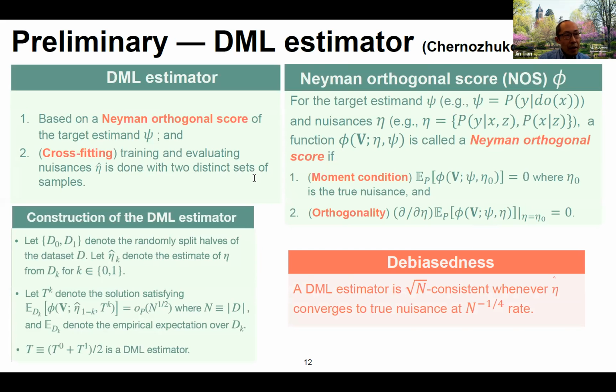The idea to construct the DML estimator is that you first construct the Neyman orthogonal score of your target estimand. The estimator will be constructed using this score. And then we're going to use the cross-fitting technique to actually estimate it. A DML estimator constructed in this way achieves the debiasedness property. That is, it achieves square root n consistency, even if all the nuisances converge at a slower rate.